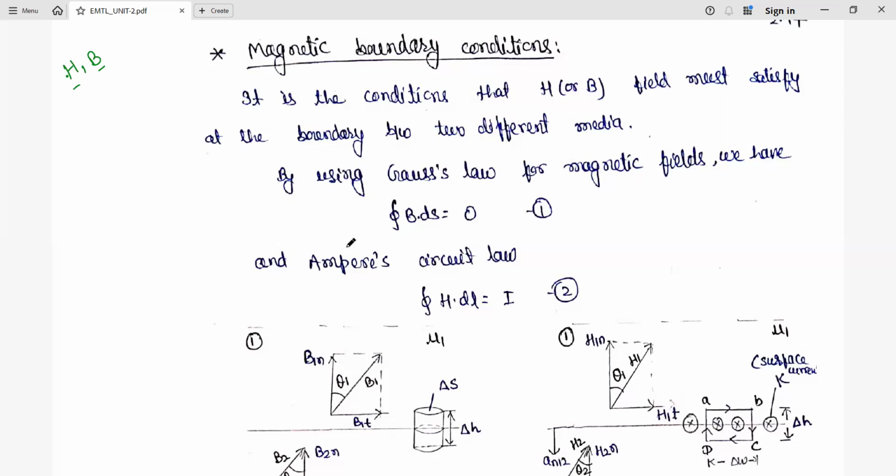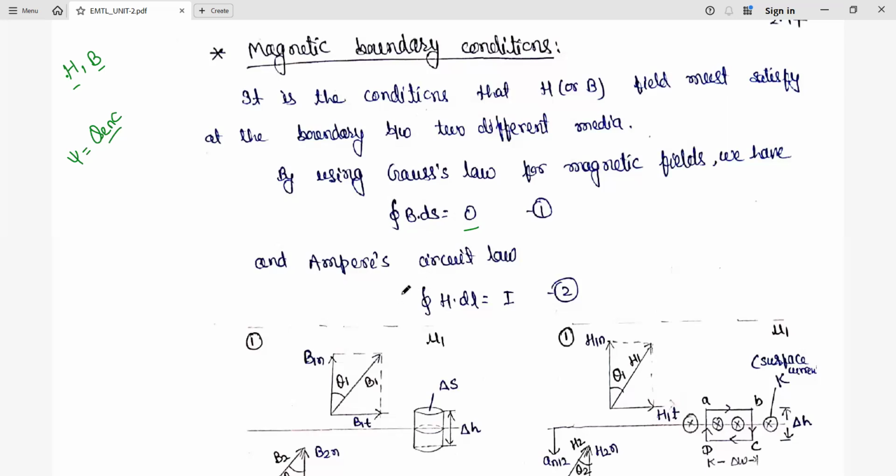Generally, what is the Gauss law? Already you are aware of that. We have total flux equal to the charge enclosed, that is in the case of electrostatics. And we have derived this condition for magnetostatics, where the integral of the flux density over the closed path is equal to 0, which is called the Gauss law for the magnetic field.